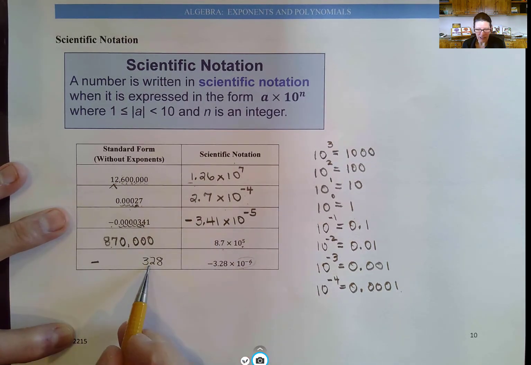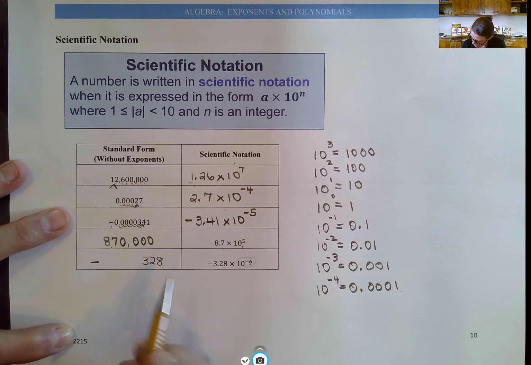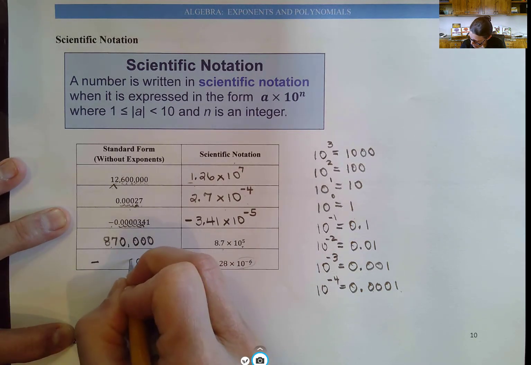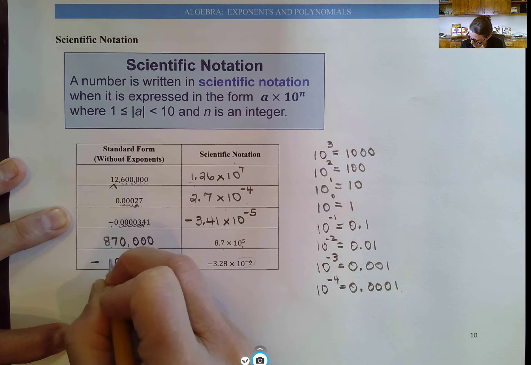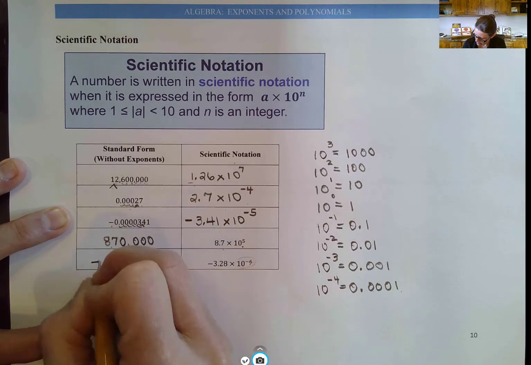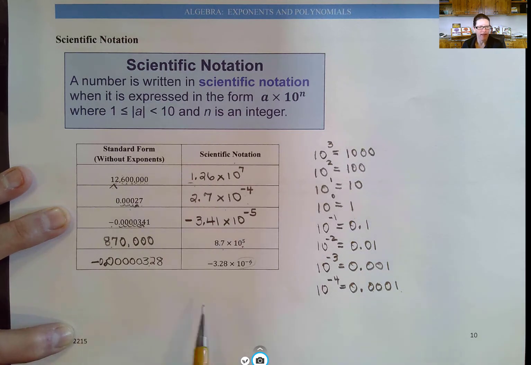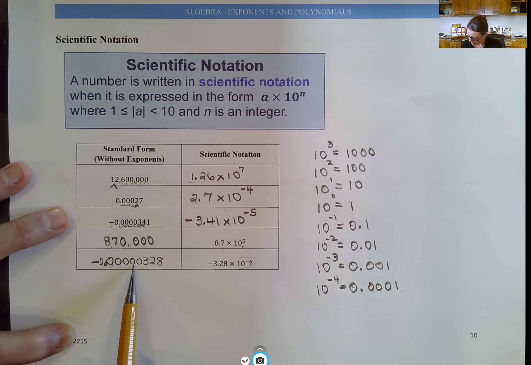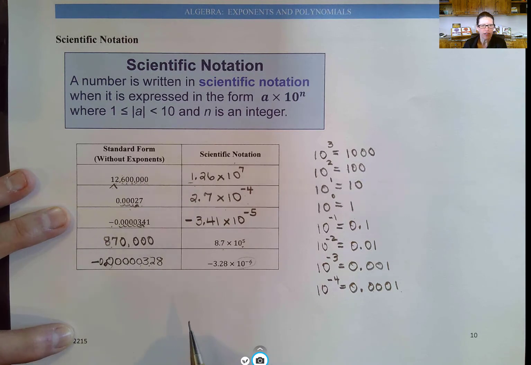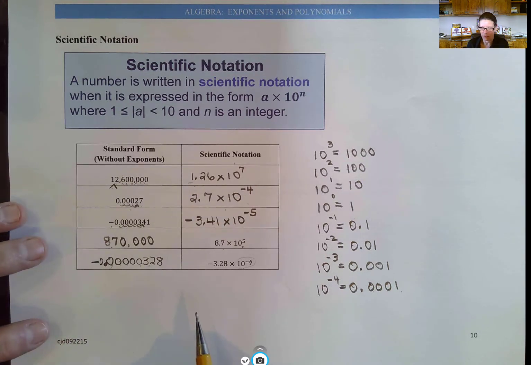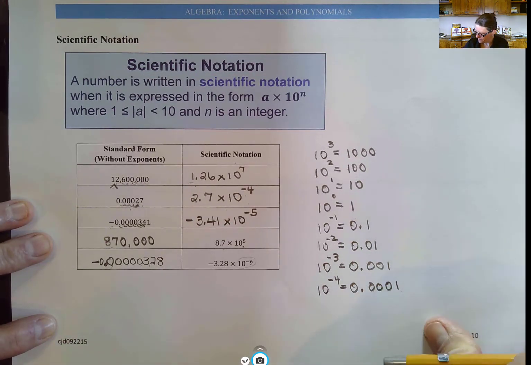It was right here between the 3 and the 2. 1, 2, 3, 4, 5, 6, and decimal point, and I'm going to slip a leading 0 in there in the front. Let's check this again. 1, 2, 3, 4, 5, 6. Yep, we've got 5 zeros there. Then our 3, 2, 8, and that's our standard form without exponents.